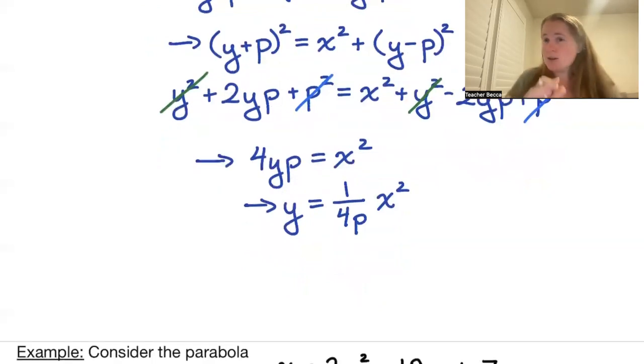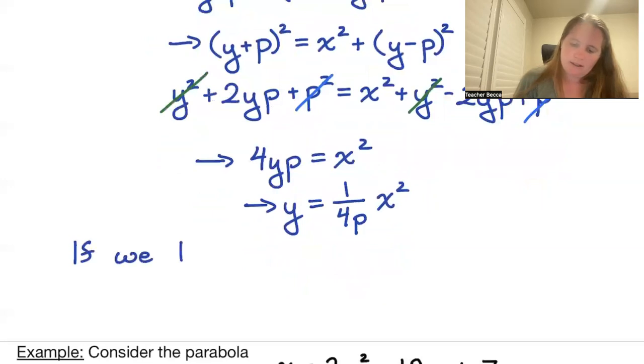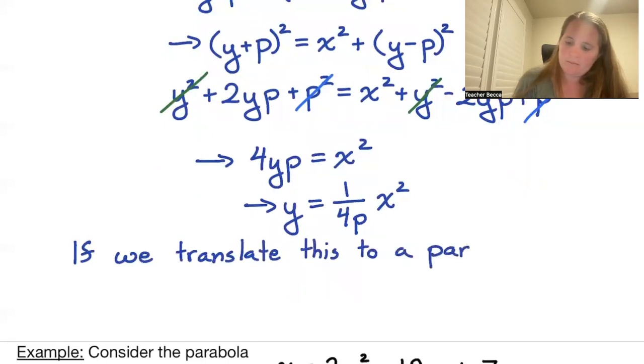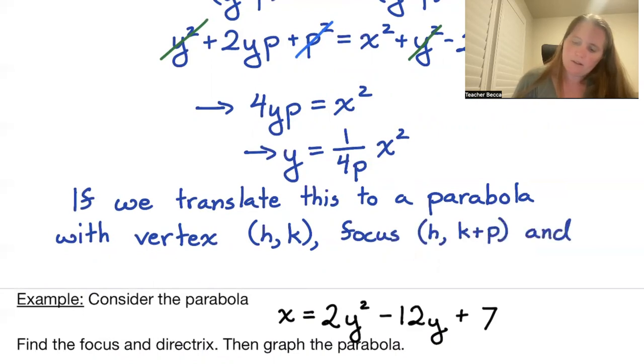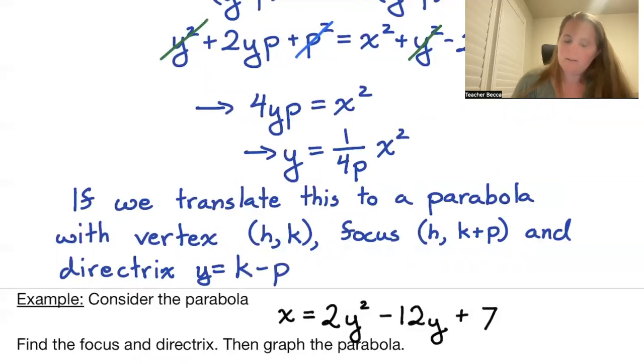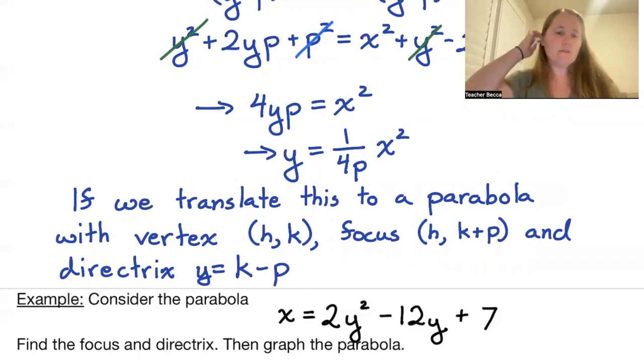If we shift that vertex, it just becomes a translation. So if we translate this to a parabola with vertex of h, k, focus h comma k plus P, and directrix y equals k minus P, all we're doing is shifting that entire thing to having a vertex of h, k.